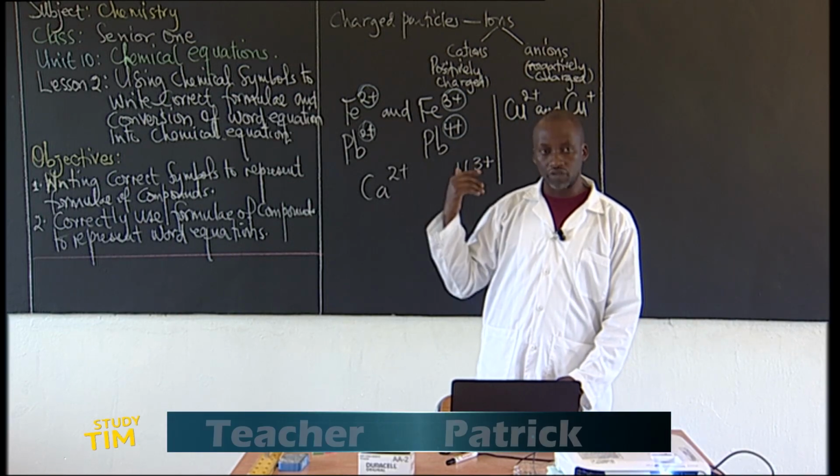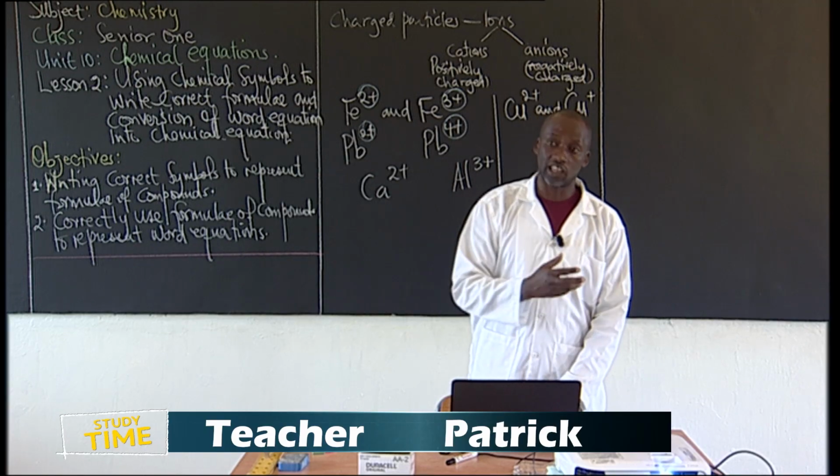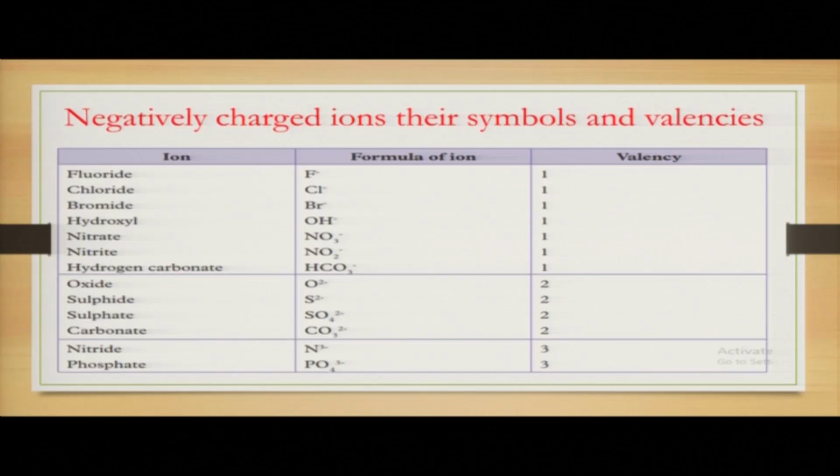In the previous unit, you looked at the symbols and their valences and radicals. So we also look at the negatively charged ions. I also want to remind you about these ones as well, the negatively charged ions and their valences.